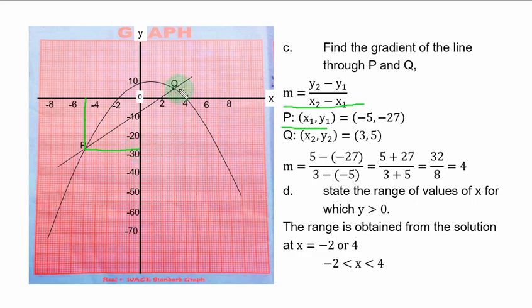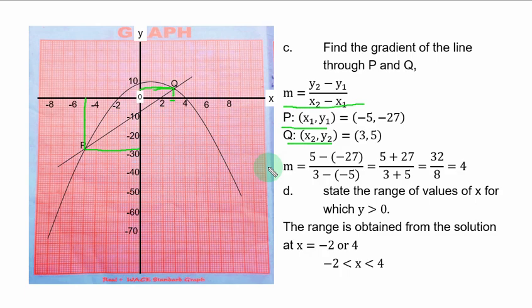We take point Q as the second coordinate with point S2, Y2. So if you trace from this point to the S axis, you have 3. And if you trace to the Y axis, you have 5.